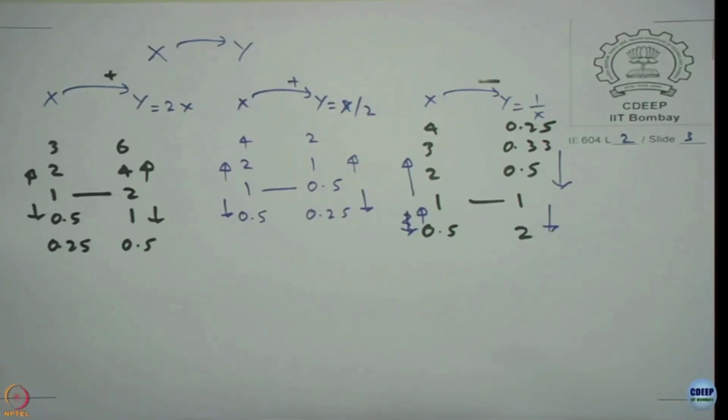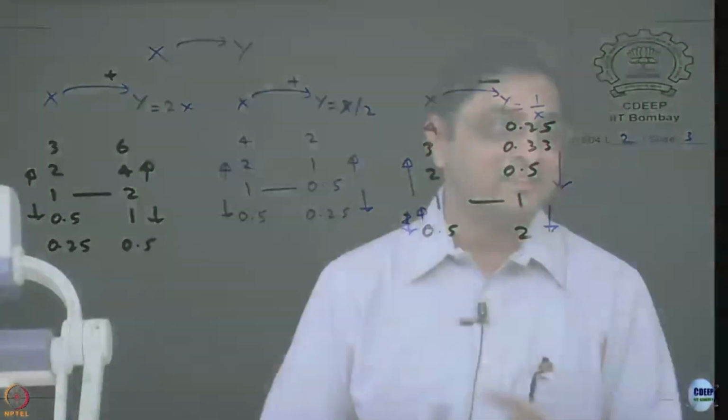This is a very simple artifact of using the thumbs. It is a simple trick, but if your thumbs are in the same direction, that means a positive link. So, x increases, y increases, or x decreases, y decreases, then it is a plus sign; if x decreases, y increases, opposite direction, then it is a minus sign. Here plus and minus are just symbolic, it has nothing to do with addition or subtraction, it is just symbolic to indicate the direction of causation. So, that is the simple idea.